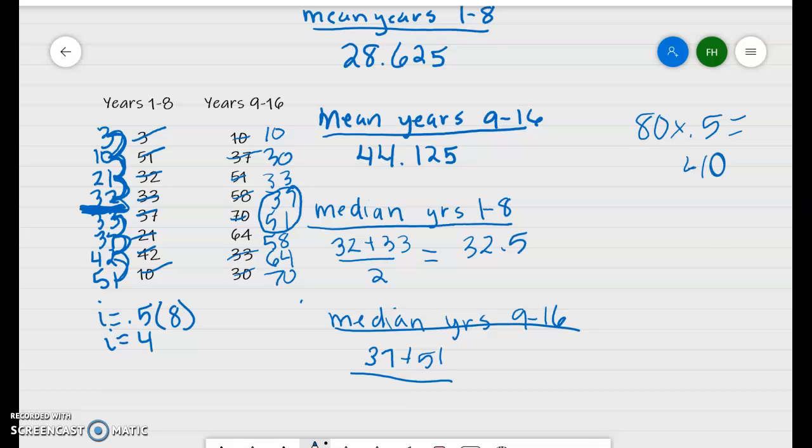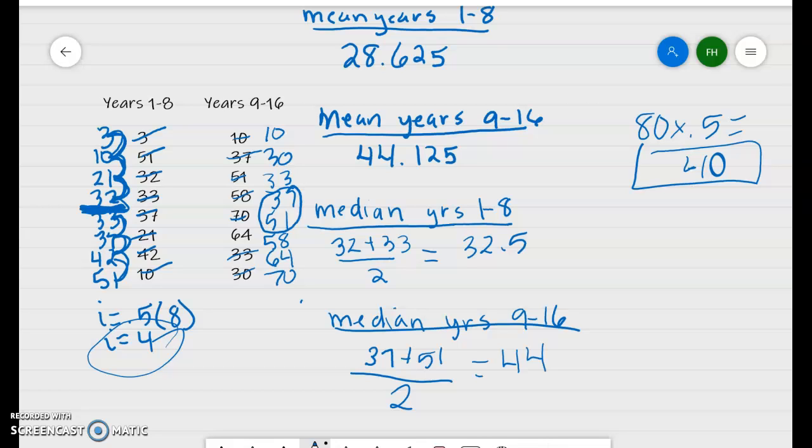So your median would be right in between 40 and 41. Like our median here is right between 4 and 5, because our index was 4. When it's an even set, your median is going to be whatever you calculate and then the next number above it. Back to what we're doing here, though, we would get 44.